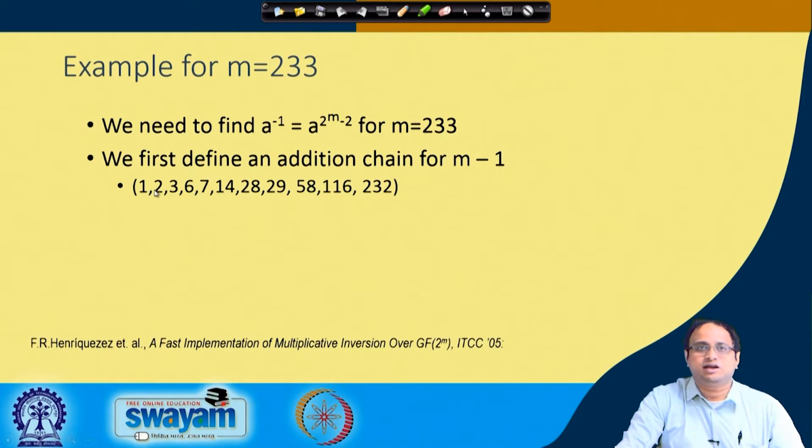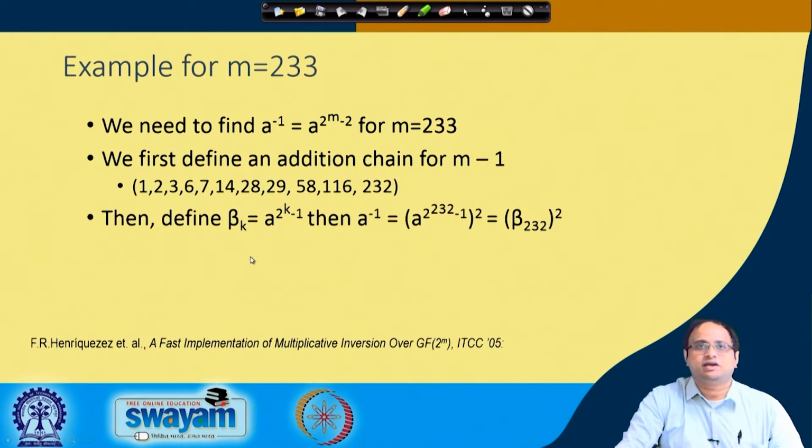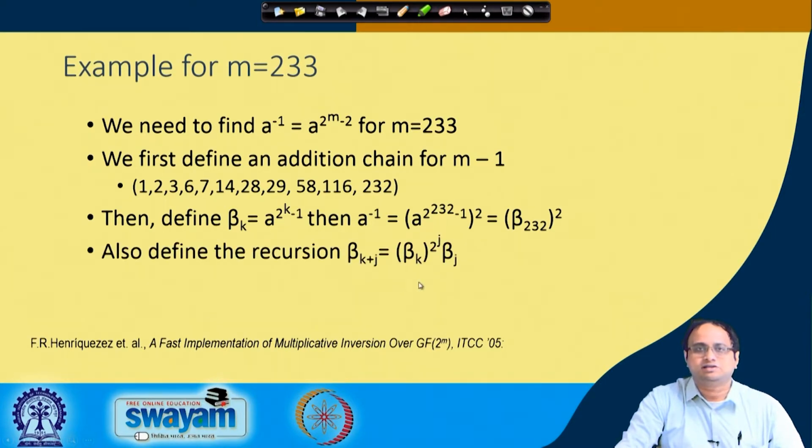Here is an addition chain for 232. You can observe that it satisfies all the properties of being an addition chain, and therefore I can apply my recursive formulation and calculate the value of beta 232. If I know beta 232, then I will just do a squaring to get the corresponding multiplicative inverse of a.